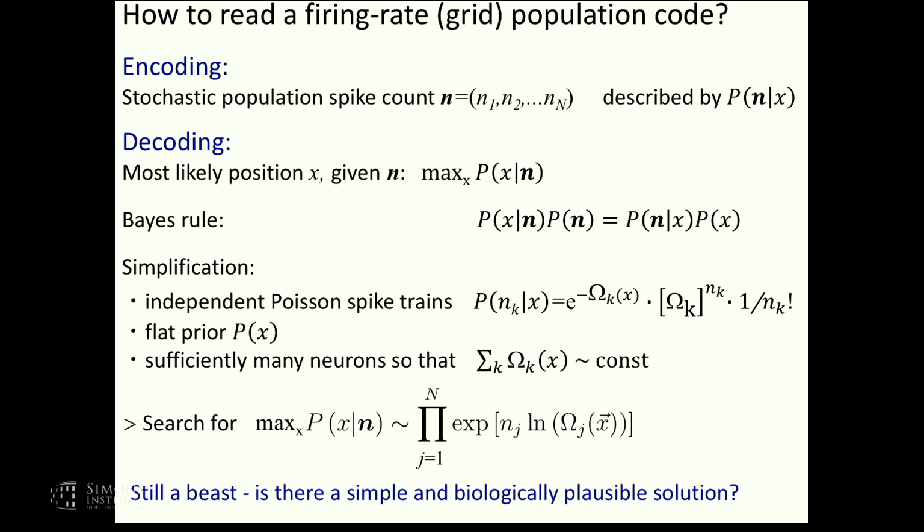But how could the animal do that? How could the animal compute this horrible, depending on your emotional feelings to mathematics, this horrible term? And I will argue that under certain conditions, this can be done very easily, and we believe that the grid cell system can actually do that.